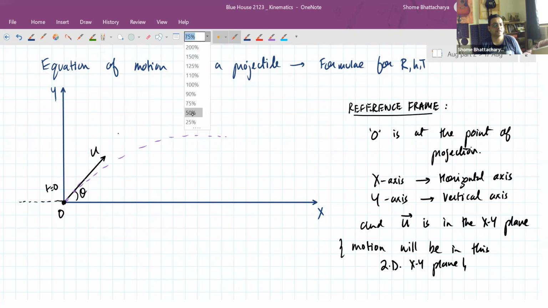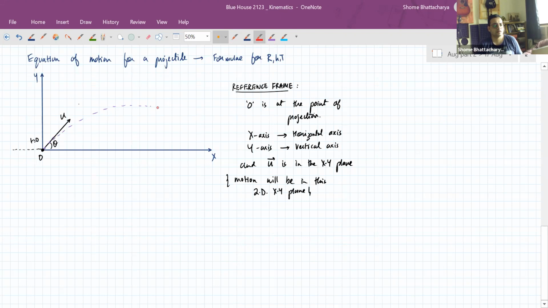So once we have defined this, now we need to define our parameters in component form. Okay, so therefore, the initial velocity vector u will be expressed as u cos theta i cap plus u sin theta j cap.